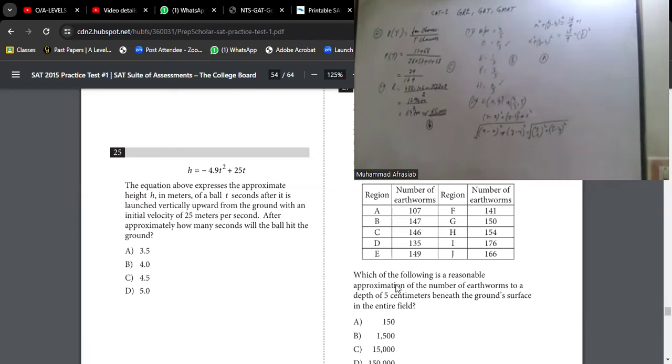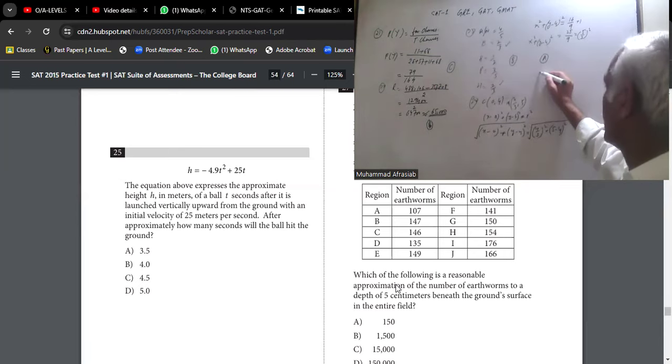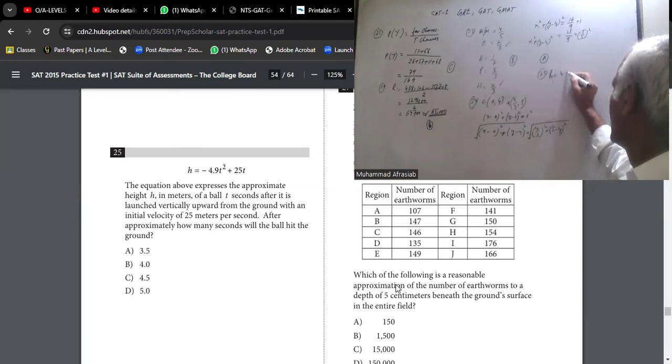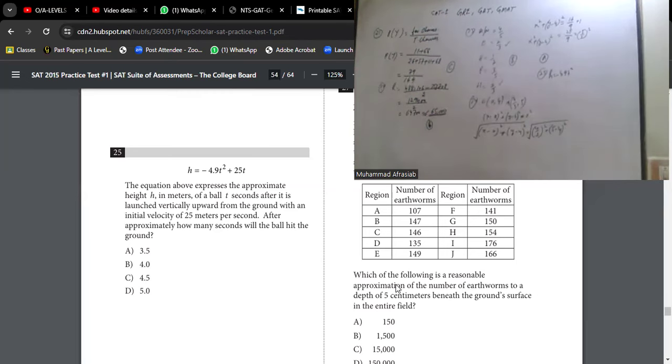So height is given there equal to minus 4.9 t square plus 25t.